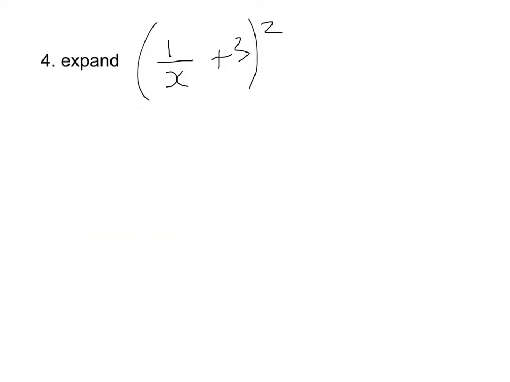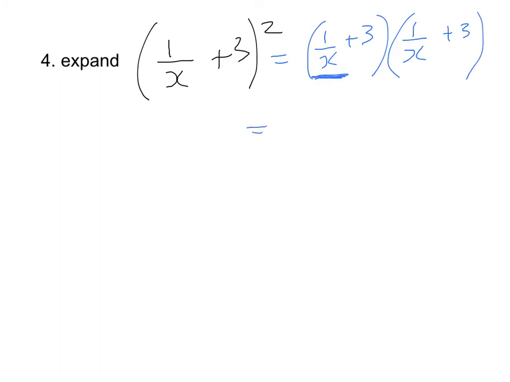Right, this one got quite a few of you remembering how we expand brackets. So, as I said in class, always best to write it out so that you don't miss out any middle terms. Okay, doing this quite slowly, I'm going to have 1 over x times 1 over x.